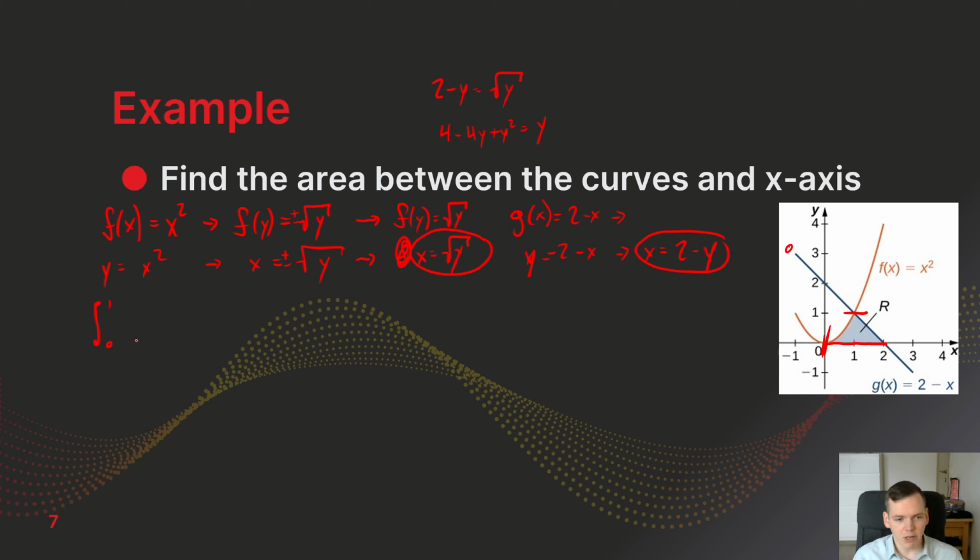Okay, coming back here, integrating from 0 to 1, we're going to take the upper or the outer function, the one that's farther away from the y-axis. This is the g of x, so it's going to be our g of y.